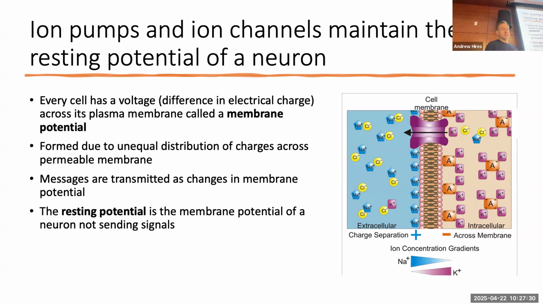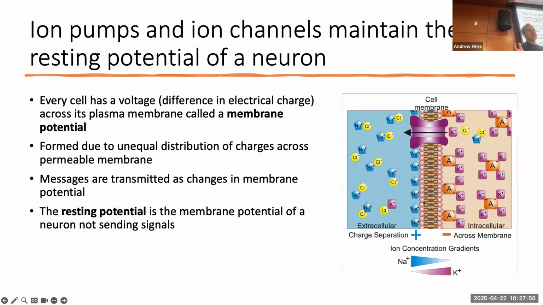So the overall membrane potential here is the difference in electrical charge along the surface of the inside part of the membrane versus the surface of the outside part of the membrane. And what we call the resting membrane potential is what that's normally set to.